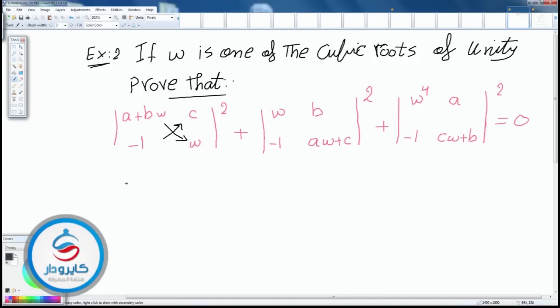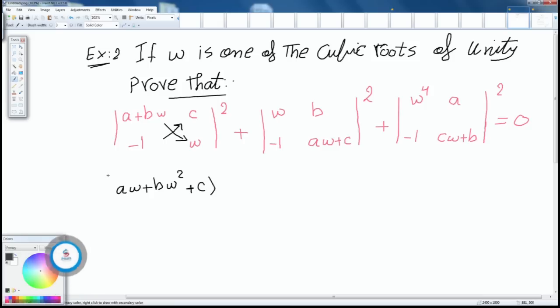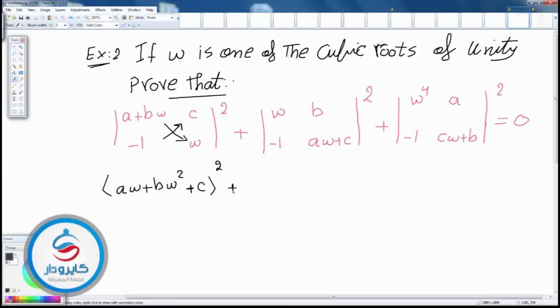So it will be A omega plus B omega square minus negative 1 times C means negative C, negative, negative, positive C, all power of 2, plus also omega times A omega, it will be A omega square plus C omega plus B all power of 2, plus the third omega power 4 means omega, it will be C omega square plus B omega plus A all to the power of 2.